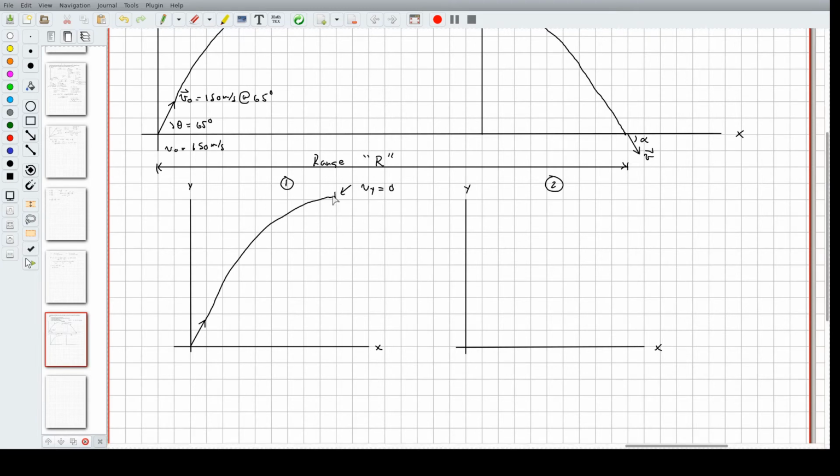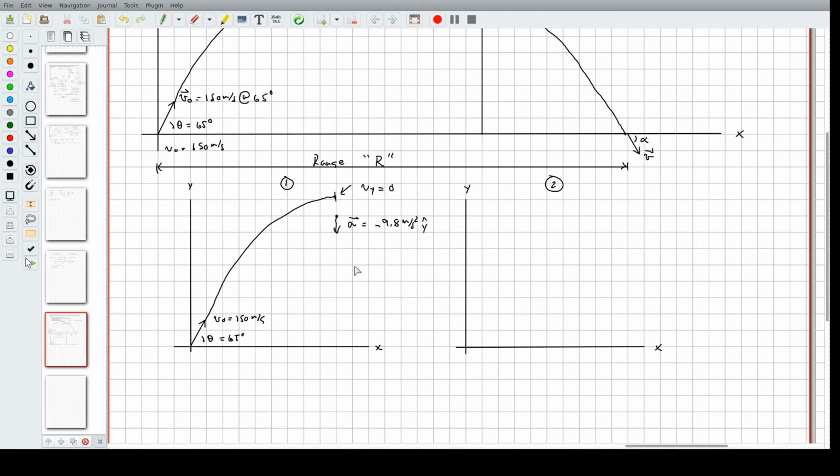We know once again, your acceleration due to gravity is down at 9.8 meters per second squared. Here's theta. Theta is 65 degrees. The magnitude of our vector is 150 meters per second.